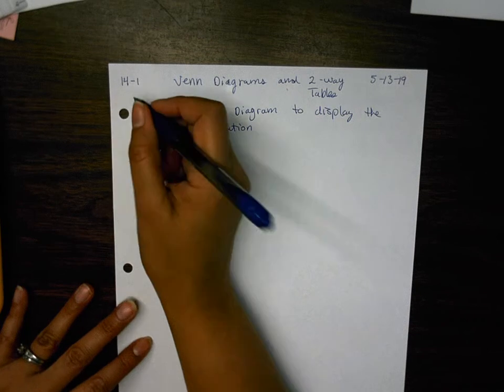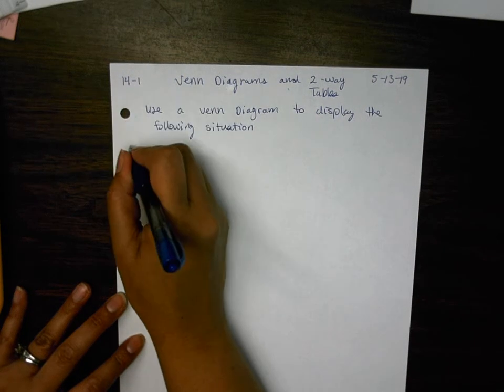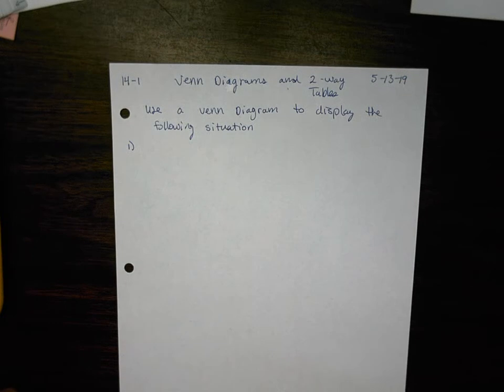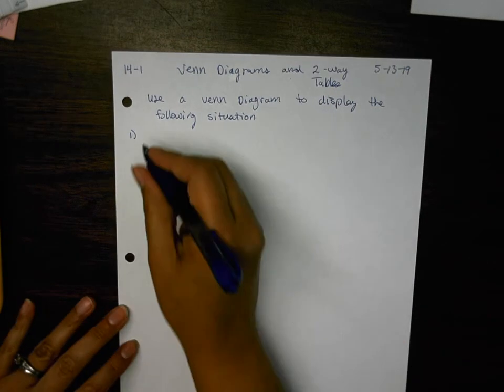Okay, and I am going to call this one. Use a Venn diagram to display the following situation. Number 1.